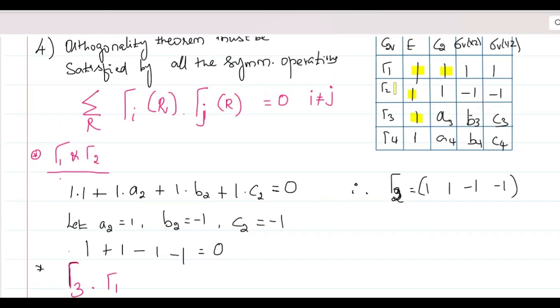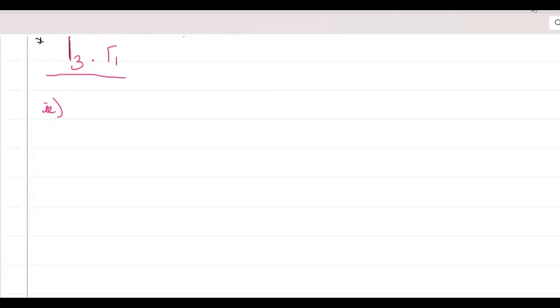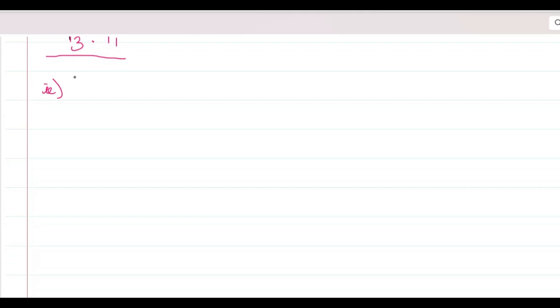Sorry, this is irreducible representation 2. Nothing is wrong if you do it that way also, but for simplicity we will take up the first one. So 1.1 plus A3 into 1 plus B3 into 1 plus C3 into 1, and that should result in 0.